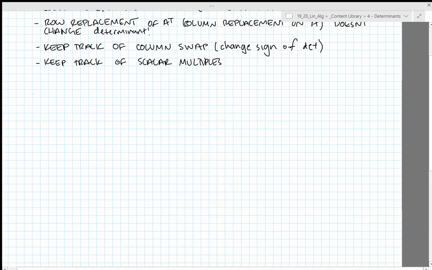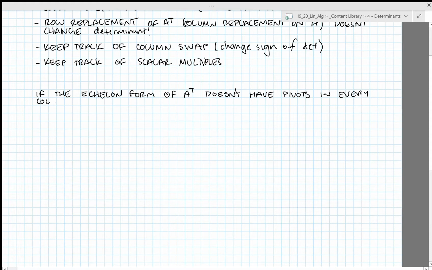Think about this. If the echelon form of A transpose, and remember, to get to echelon form of A transpose we've done a bunch of row operations on A transpose, which are column operations on the original matrix A, doesn't have pivots in every column, then A is not invertible.